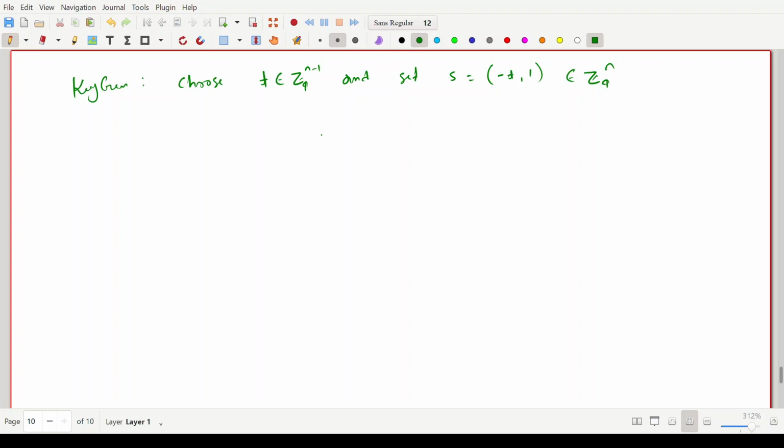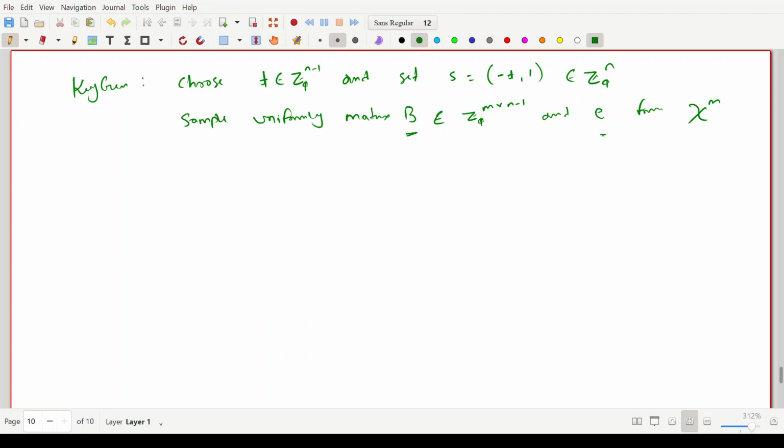Sample uniformly a matrix B from Z_q^(m cross (n minus 1)), and sample e from the distribution chi^m.